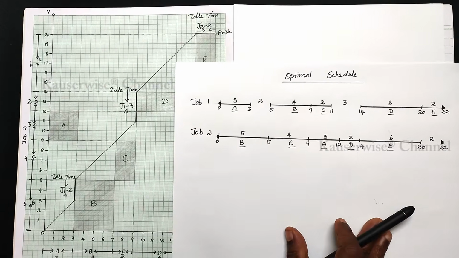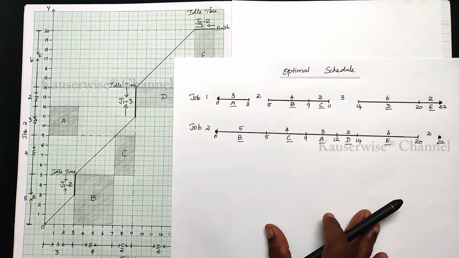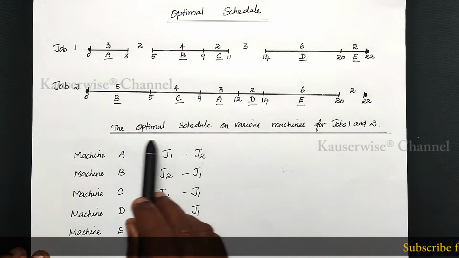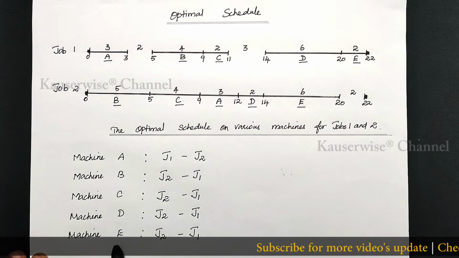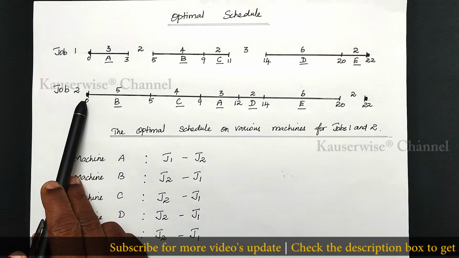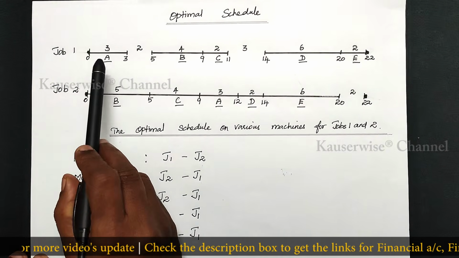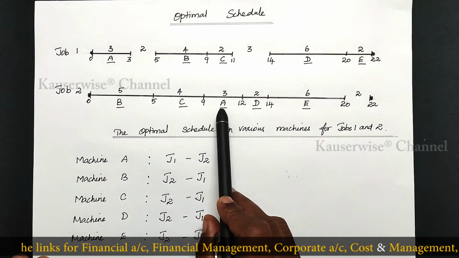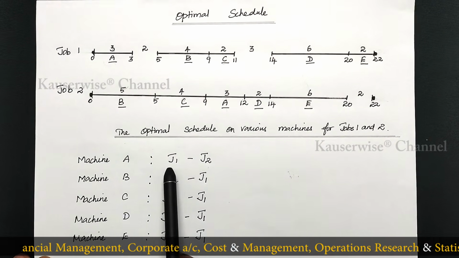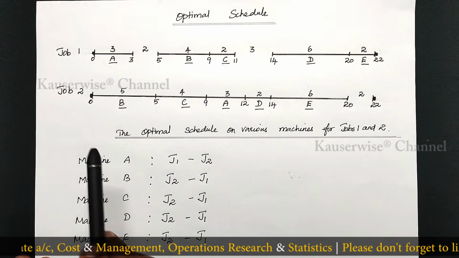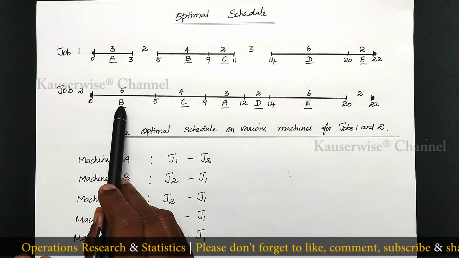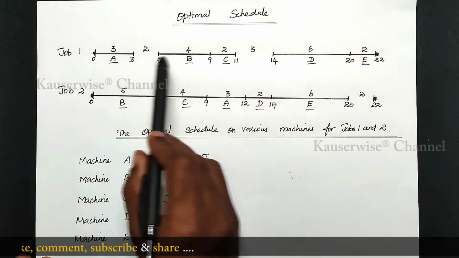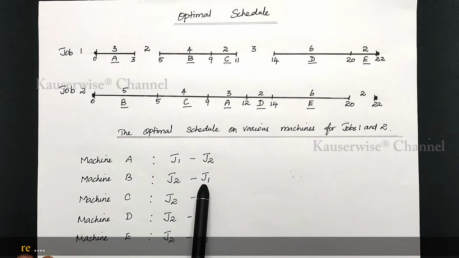Now let's see the optimum schedule on various machines for job 1 and job 2. See the first one, machine A, processing job 1 first and then job 2 next. So 1 and then 2. Next one, machine B, processing job 2 first and then job 1. So 2 and then 1.